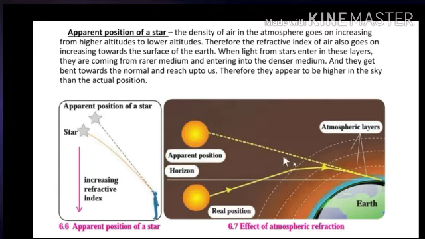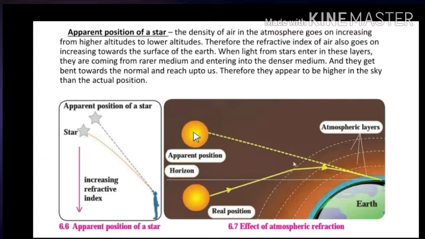Therefore, the normal at that place is there like this, and the light rays bend towards the normal. Again, here light rays bend towards the normal. Now, as the observer is seeing these light rays like this, the projected light ray appears to come from this place. But this is not the actual position. This is the apparent position.